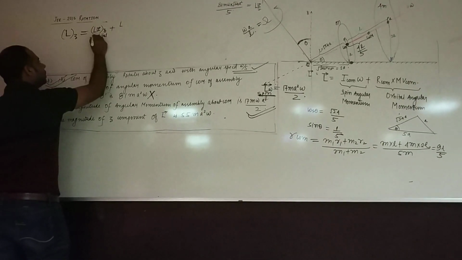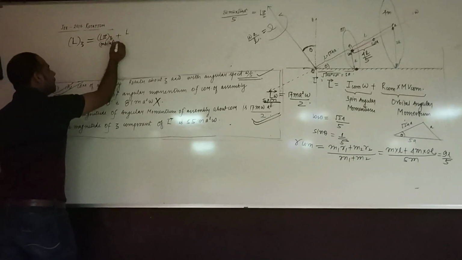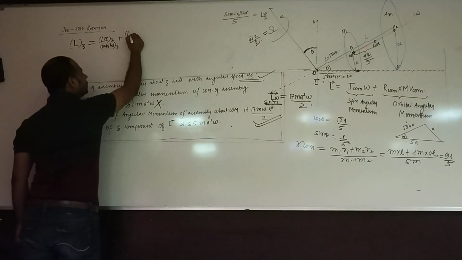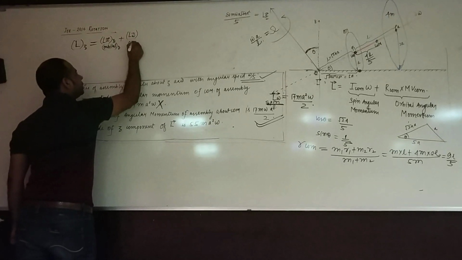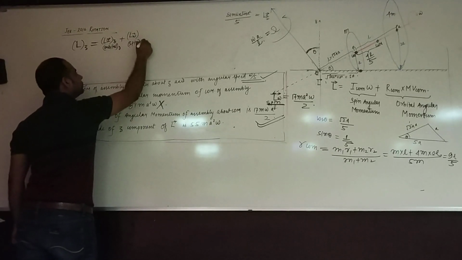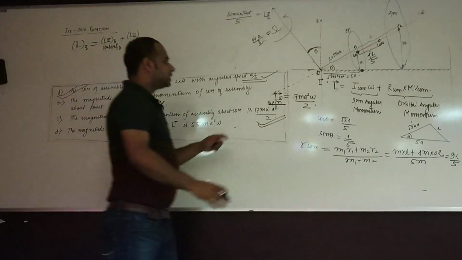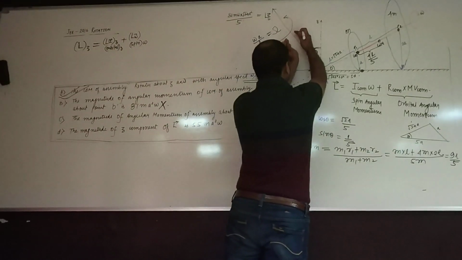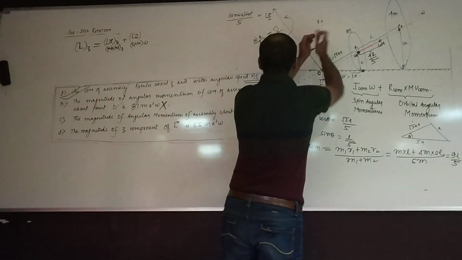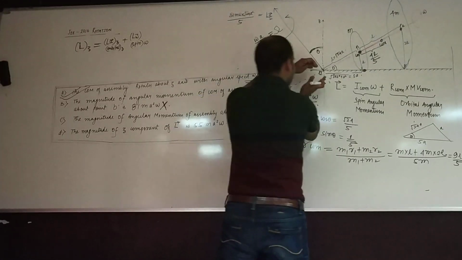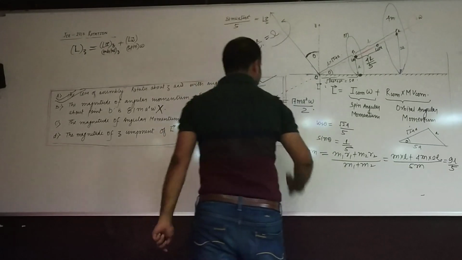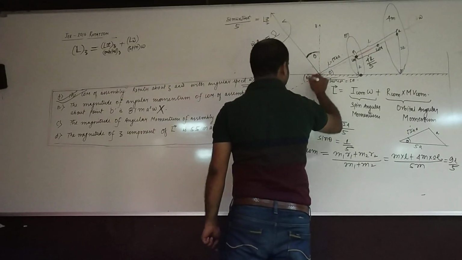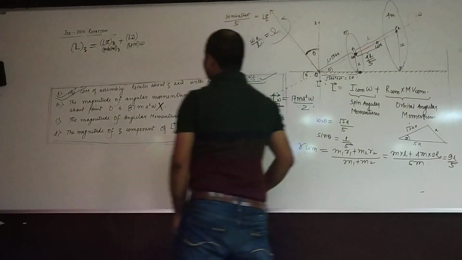We have to take the Z component of orbital angular momentum, and then we will take the Z component of spin angular momentum. So first we will take the Z component of this, which is cos theta and is positive, and we will then take the Z component of spin angular momentum, that is sin theta. If this is theta, this will be theta, so this will be sin theta.